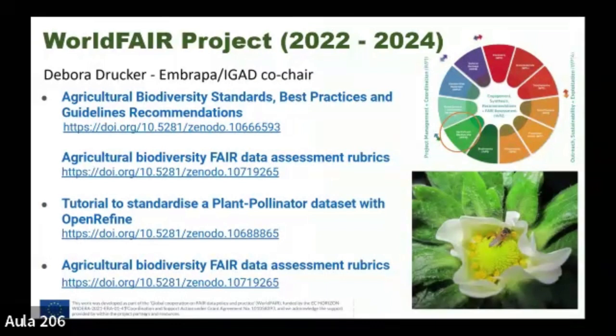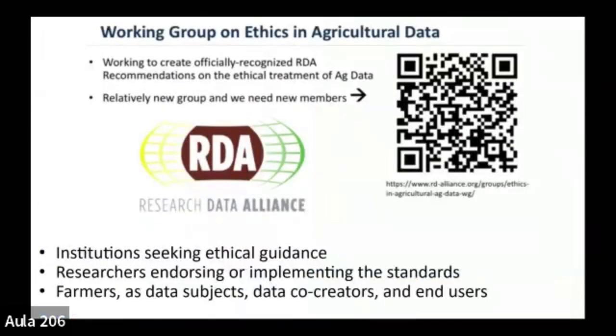And so there's a lot of great outputs from that. And that work, although it's concluded, the implications of that work are going to continue as we work on it. Our newest effort is this working group on ethics in agricultural data. And my colleague Alan Moss has been helping to facilitate this, but they did successfully get a Tiger Award, so they have Ryan now to help with logistics, which is fantastic.